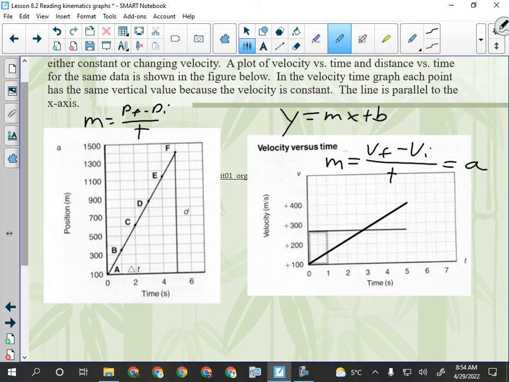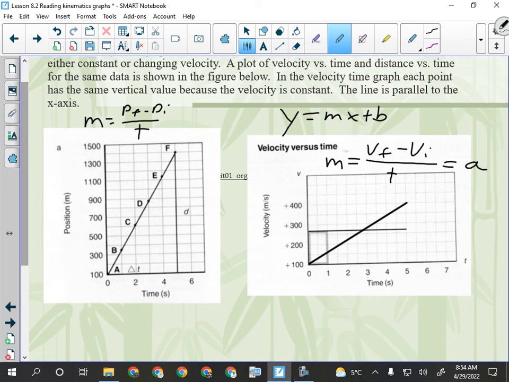Okay, so the slope of a graph is the rate of change of y divided by x. Every graph, their slope represents something different. It calculates something different, right? On a position versus time graph, it's the rate of change of position, velocity. On a velocity versus time graph, it's the rate of change of velocity, or acceleration.